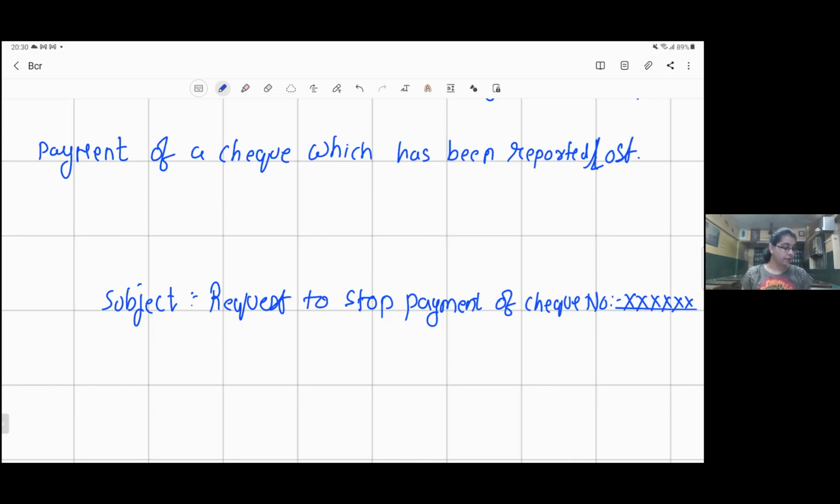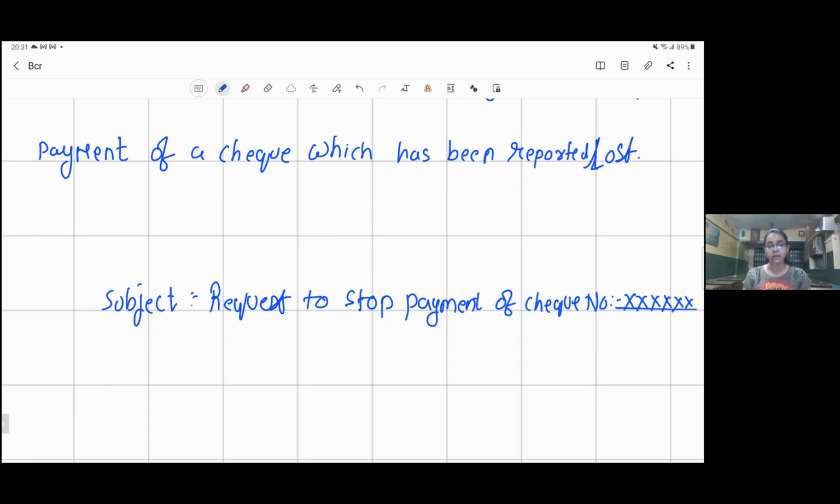On behalf of ABC Private Limited, you all are going to write the sender's address of ABC Private Limited. I request you to stop payment of the check number.